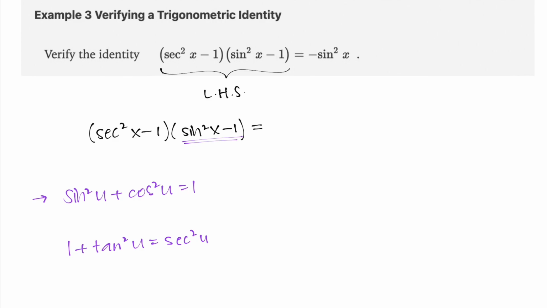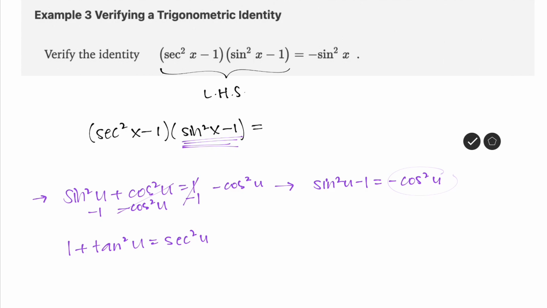If we subtract the 1 from this side and move the cosine squared u to the other side, this equation will turn into sine squared u minus 1 equals negative cosine squared u. So this that I've underlined in purple is actually equal to negative cosine squared x.